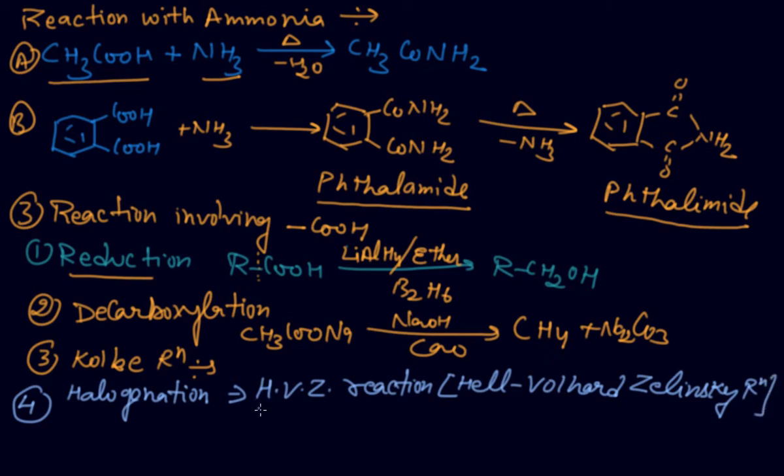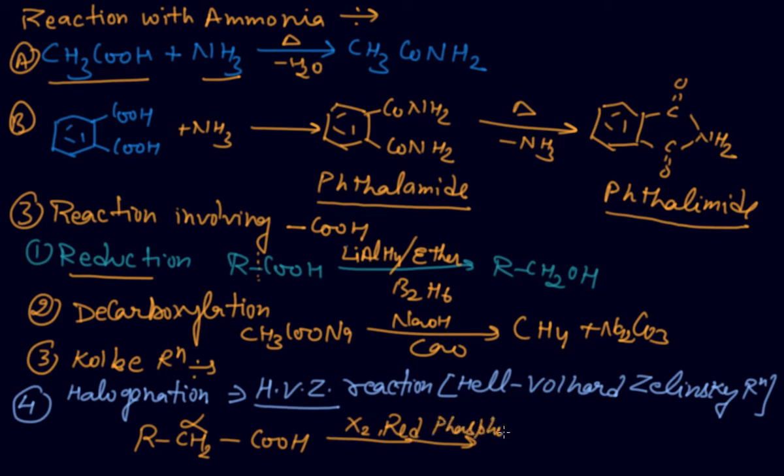And be careful, one or two naming reactions will come without their name, and you think that you have learned them properly. Suppose I am taking here RCH2COOH, it will attack on the alpha carbon, the alpha hydrogen, and we take the halogen in the presence of red phosphorus, and we will get the product at the alpha hydrogen.